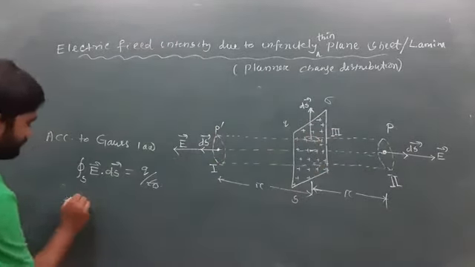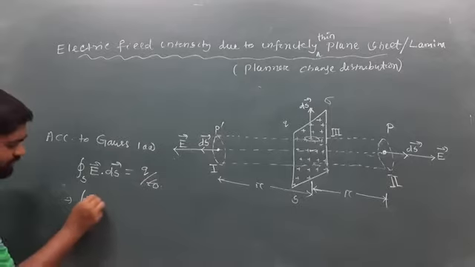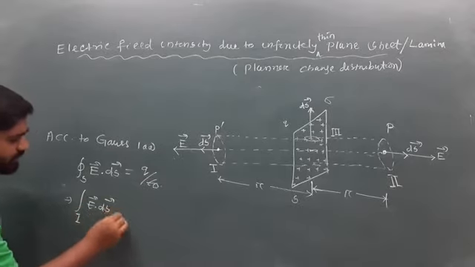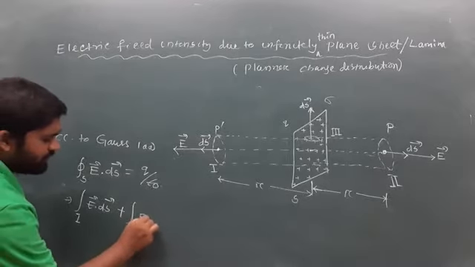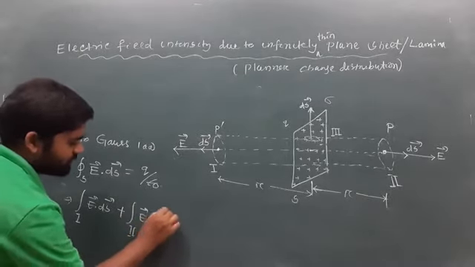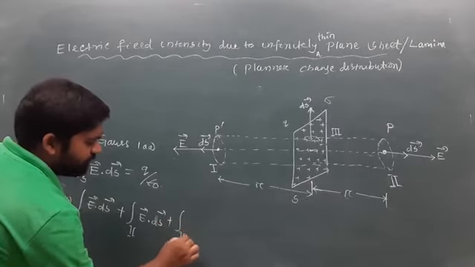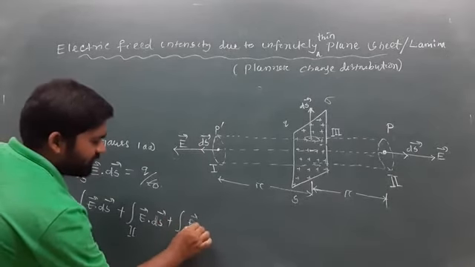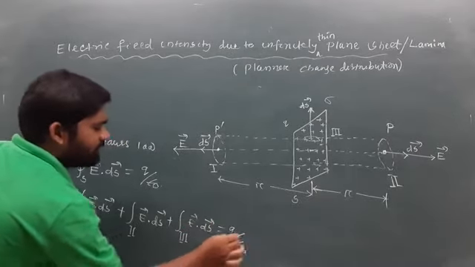Okay, so the closed integration will convert to three regions. Region 1 E dot ds plus integration over region 2 E dot ds plus integration over region 3 E dot ds equals Q by epsilon 0.